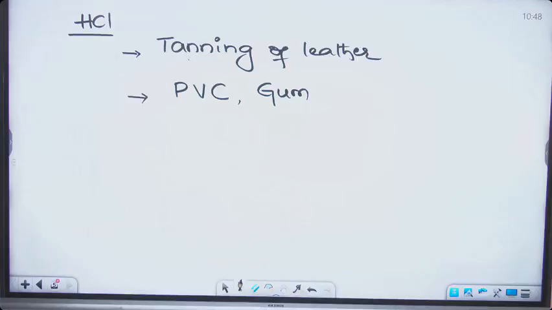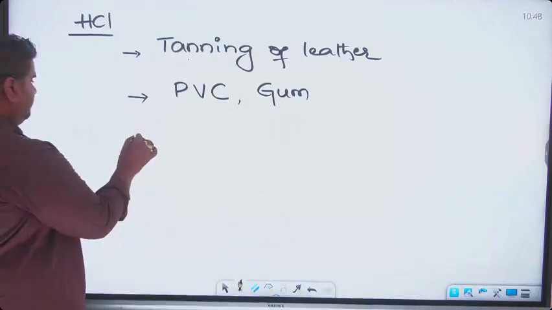HCl is used in the making of polyvinyl chloride, explosives, fertilizers, and in the making of gum.